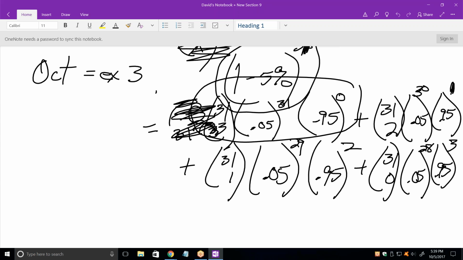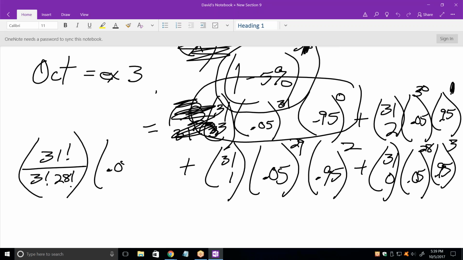So in this case, that gives us 31 factorial over 3 factorial 28 factorial. That's our coefficient times the probability to the 31st power times 0.95 to the 0, which is y.